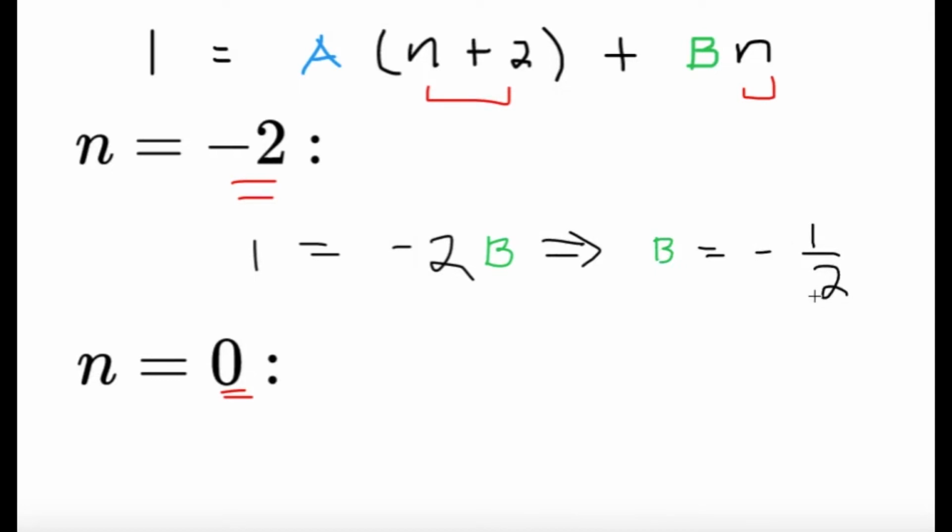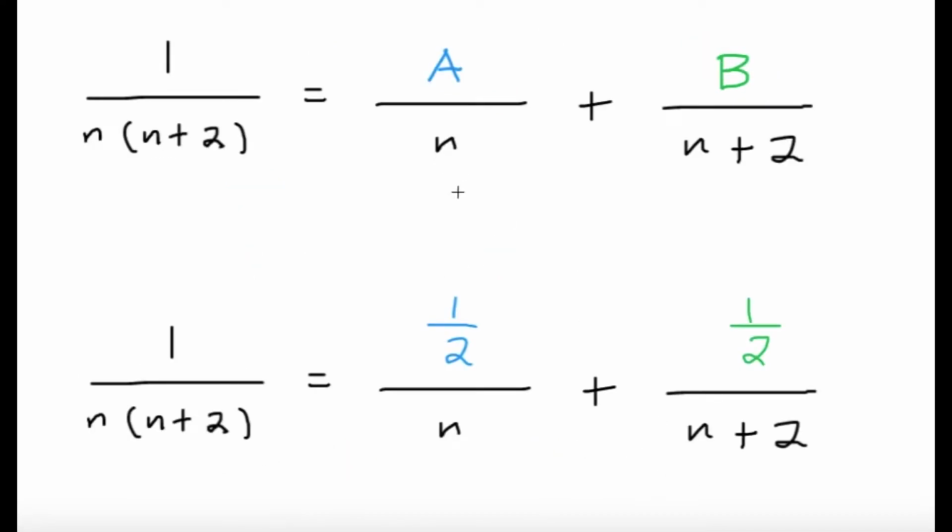So the value of b is done. Now let's try n equals 0. If n equals 0, I'll have 1 equals a times n plus 2, which is 2, so it's 2a. And that will give me that a equals 1/2.